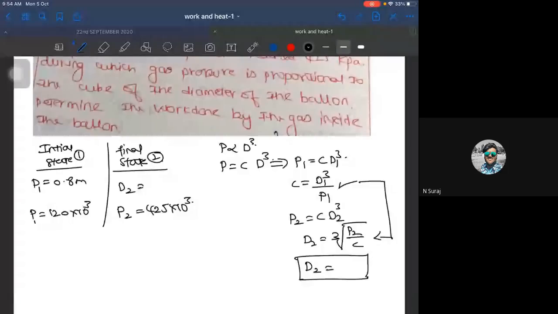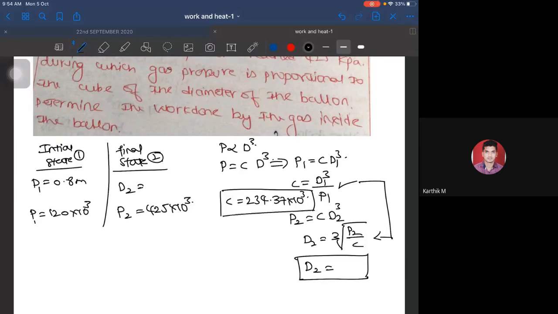Simple. C is 234.37 into 10 power 3. So this is the value given by Karthik. What about others?